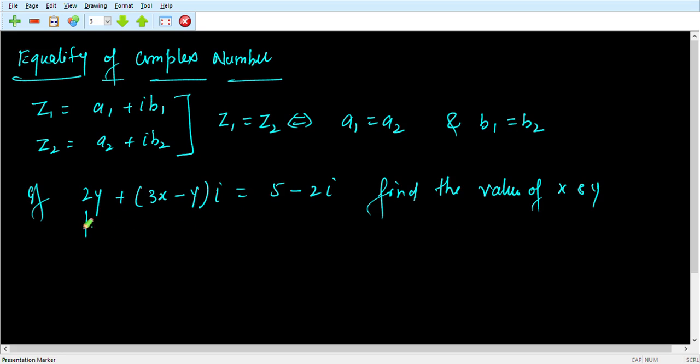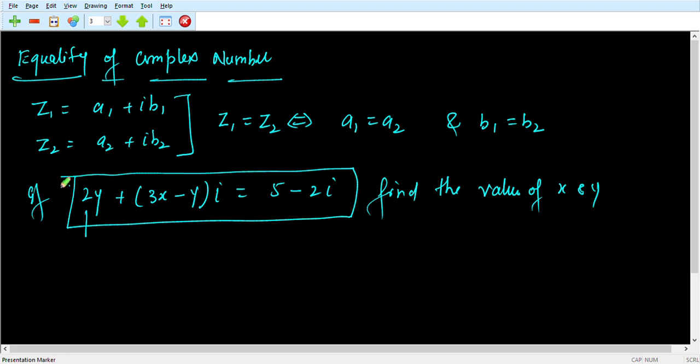As we can see here, in this situation two complex numbers are equal to each other. Let us suppose this is z1 and this is z2, z1 is equal to z2. So the real part of one complex number will be equal to the real part of the other, and the imaginary parts likewise, means 2y is equal to 5 and 3x minus y is equal to minus 2.